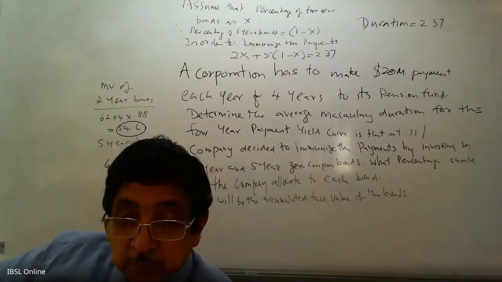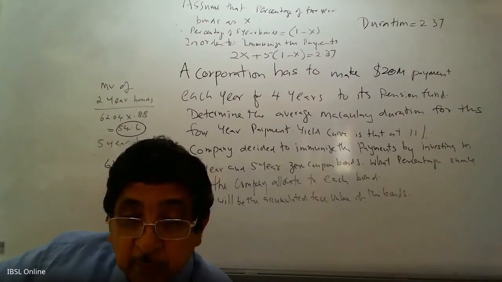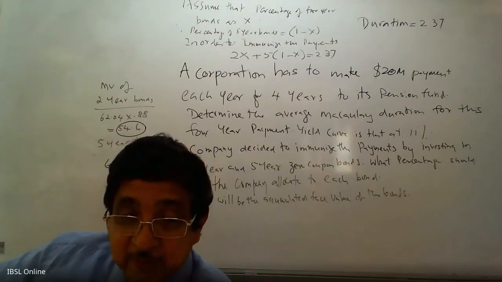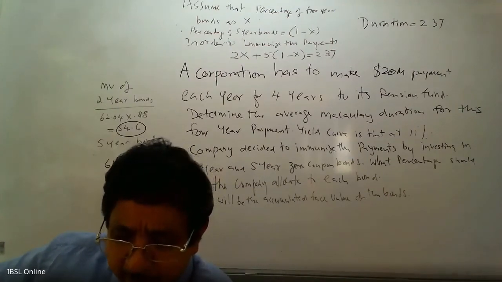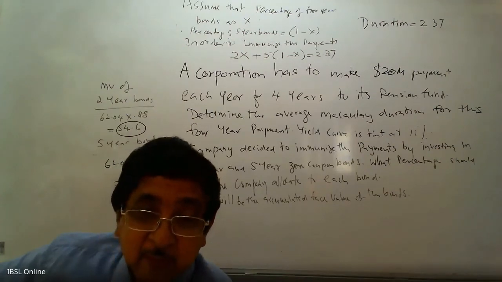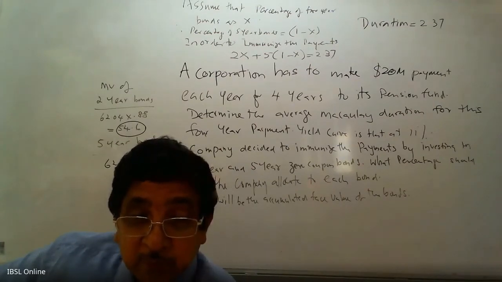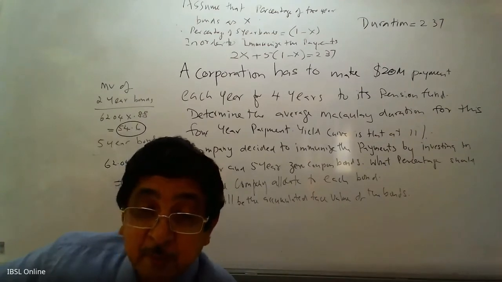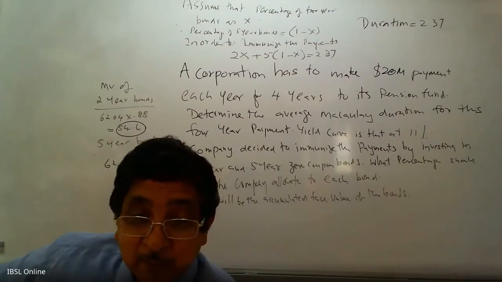On the face of it, you will see the percentage of the 5-year bond is less here. What is the reason? Because our total duration is limited to 2.37. So in a 2.37 duration, to get the weighted duration, you need to have a substantially high amount in 2-year bonds. The 5-year bond should be a very small amount.